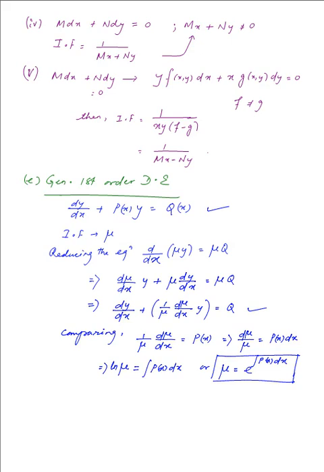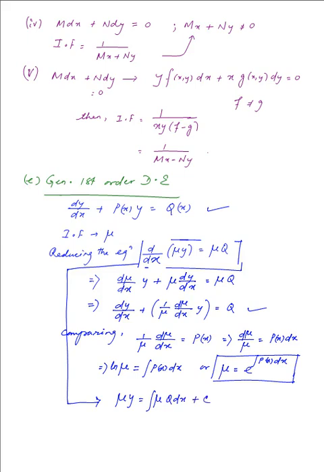Now, the equation over here that we had assumed, if we take that equation into account and consider the case of mu, we are going to get the expression mu y to be equal to the integration of mu q dx plus c.